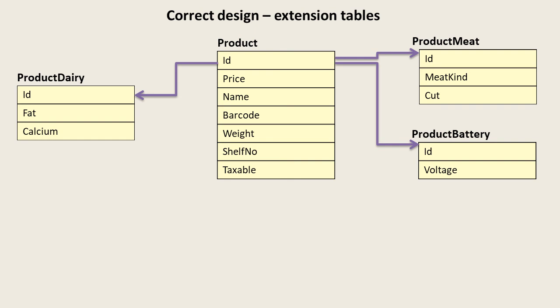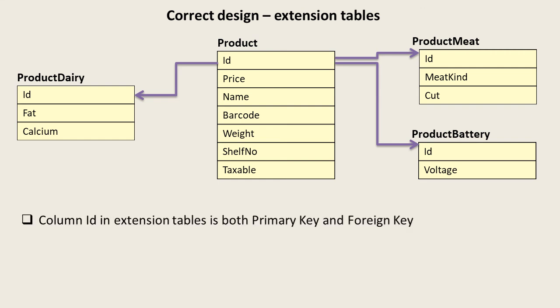And you may also pay some attention to how I named these extension tables. You see, I named them after their main table and added another word which explains the nature of the table. For example, for dairy, I named it product dairy, which means that it's the extended product table for dairy products. So this design is pretty good and accurate.